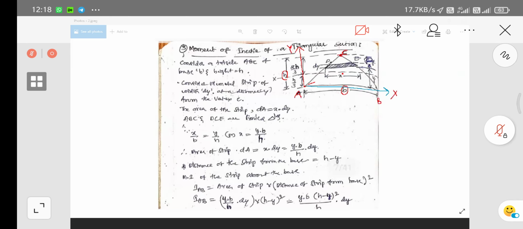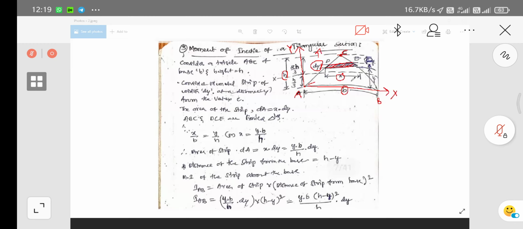In order to find the moment of inertia about the base axis, I have considered an elementary strip with base x and height dy. Why do I take the height as dy? Because vertically we only have y dimensions, that is the differential element y.